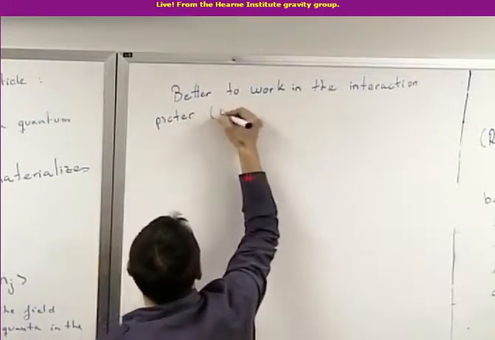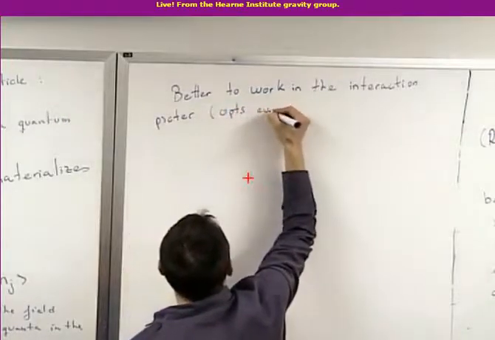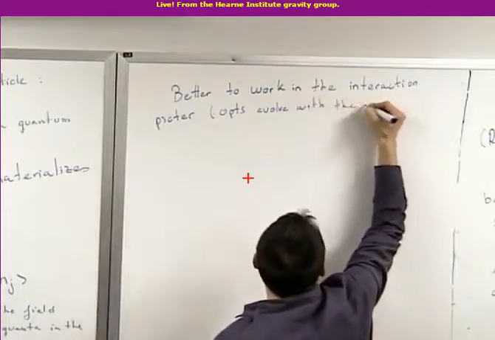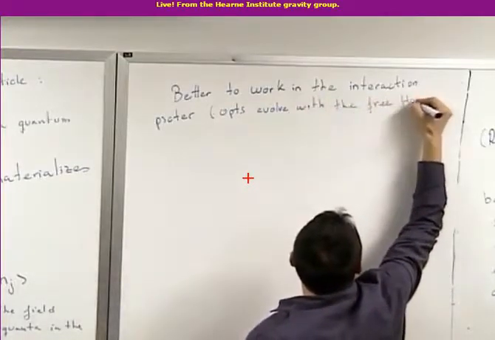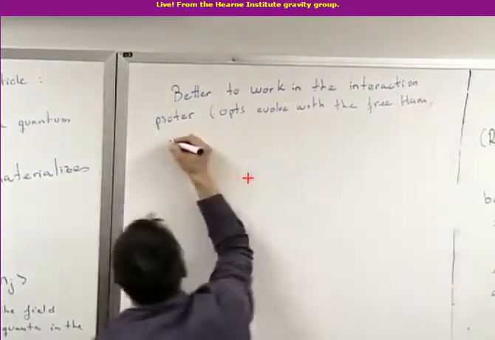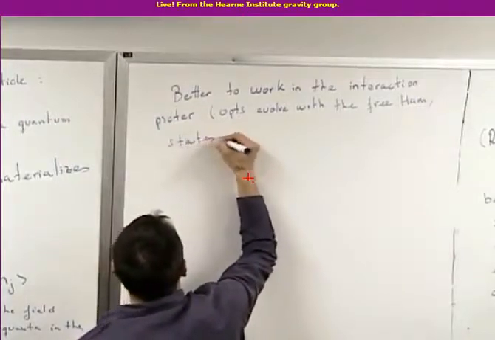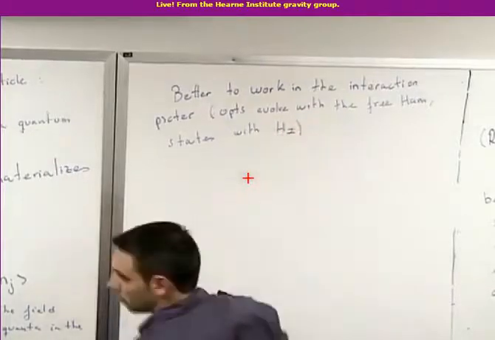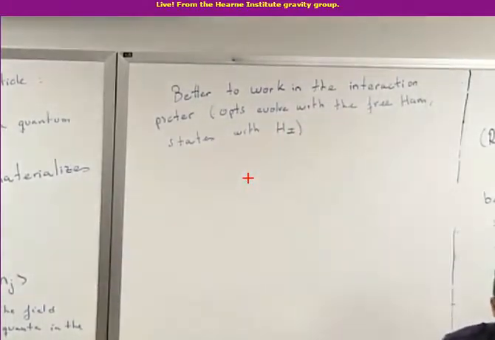So remember, operators evolve with the free Hamiltonian, states with the interaction Hamiltonian. This is the way that we work in the interaction picture.